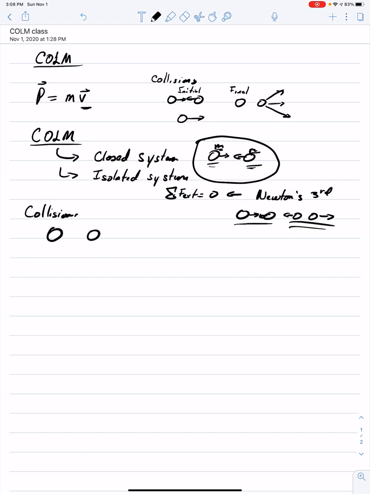What we care about is initially, right before they actually hit, and after, right after that collision. That split second before and that split second after. Okay, that is that collision.